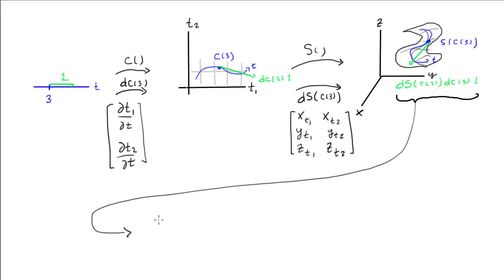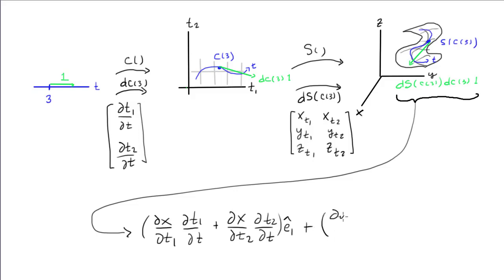Do the matrix vector multiplication, which of course is matrix composition. There's our first component. Second component, and third component.